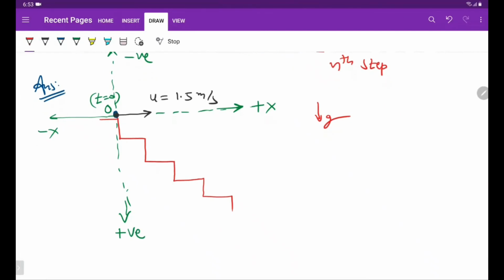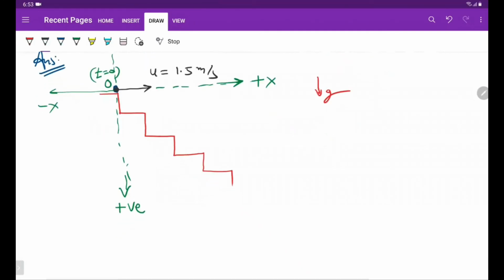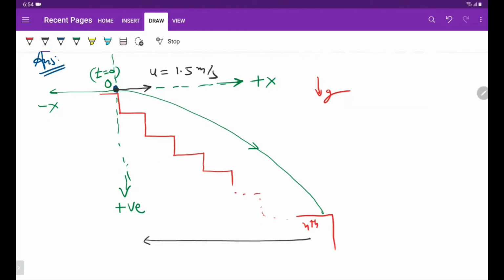The ball will hit the nth step. Suppose the ball hits somewhere on the nth step. Along the x direction, it has to cover a distance; let it be x.